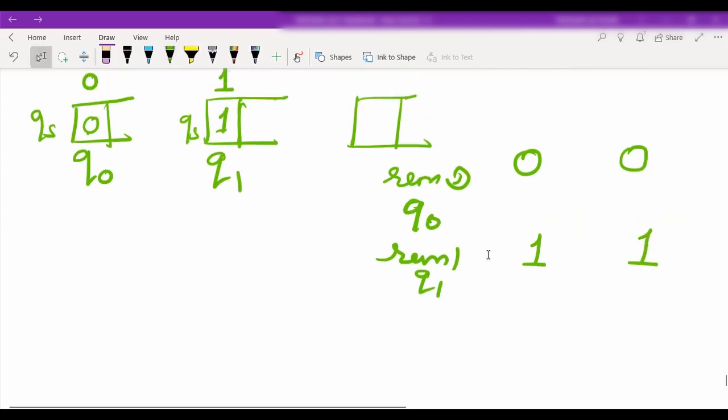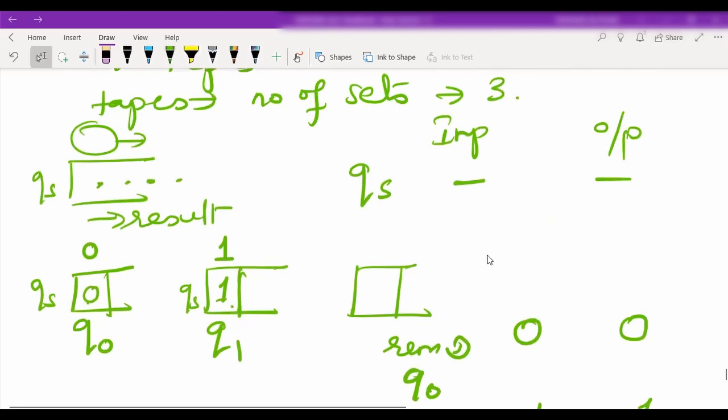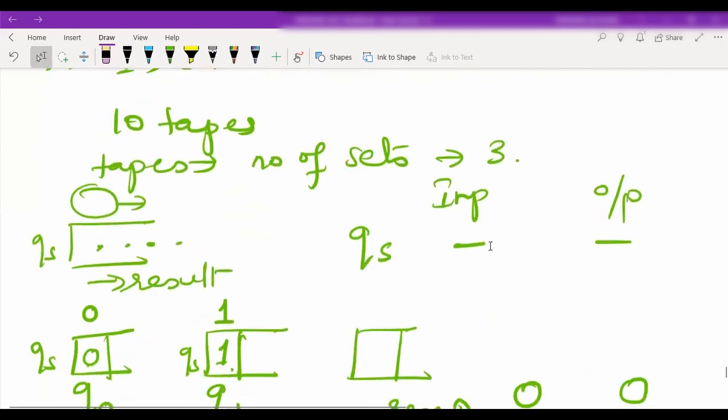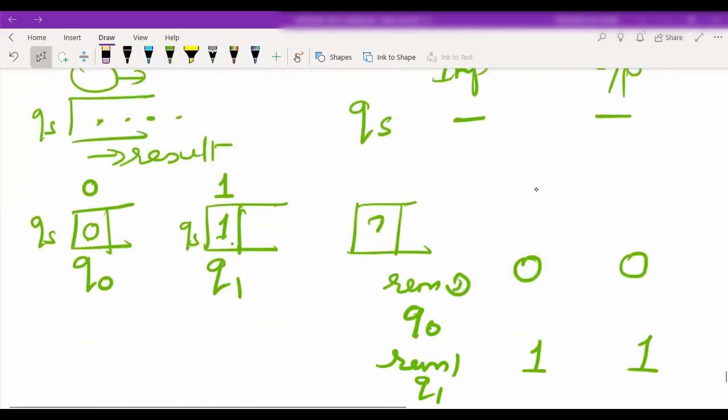Now we will consider the element from the remainder 2 set. The first element is 2, so I will consider 2. So QS with the first bit as 2. Is 2 divisible by 3? No, leaving the remainder 2.